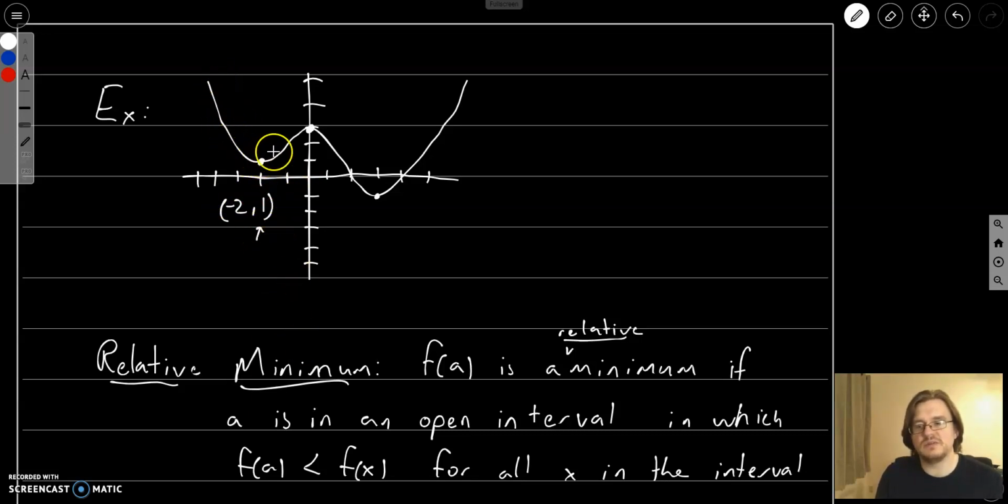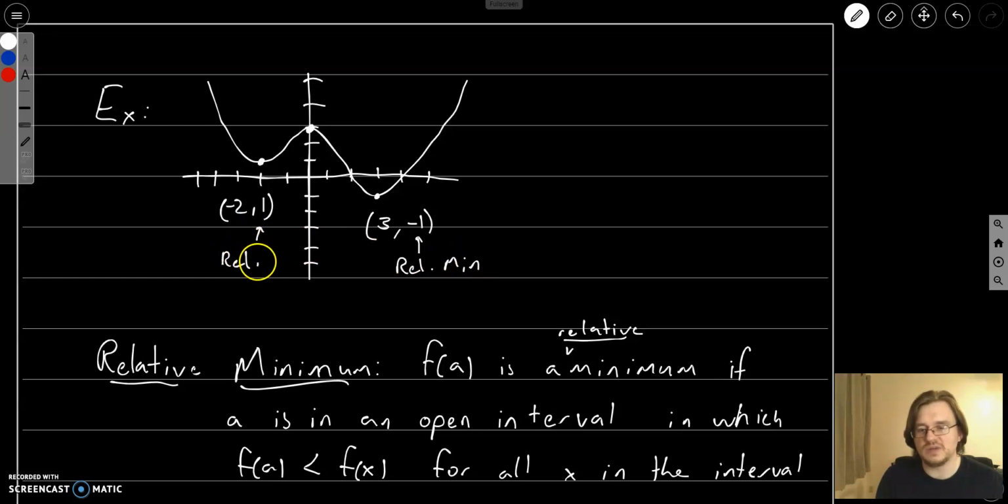So the minimum is going to be the minimum height. And we can see that there is a smaller minimum over here. This minimum in this valley is going to be at 3 for x, and then -1 for y. So both of these are going to be minima, and we will call them relative minimum.